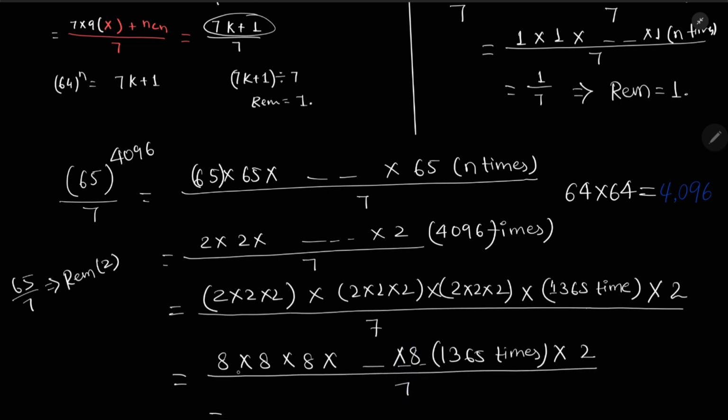So what I'm getting is 1 into 1 into 1, 1365 बार, इसका मतलब 1 into 2 डिवाइडेड बाई 7, इसका मतलब 2 डिवाइडेड बाई 7, इसलिए रिमाइंडर हमारा 2 आना चाहिए. यानी 65 टू पावर 4096 को अगर 7 से डिवाइड करते हैं तो रिमाइंडर 2 आएगा.